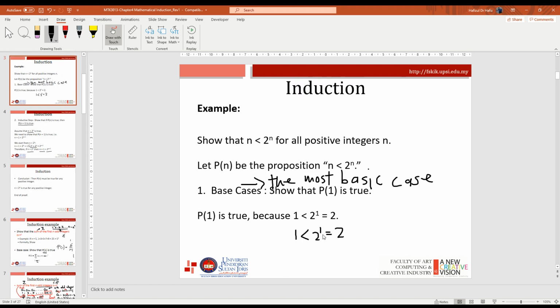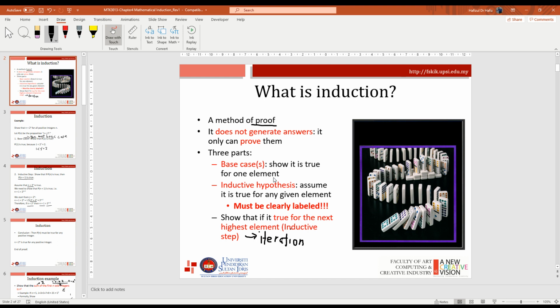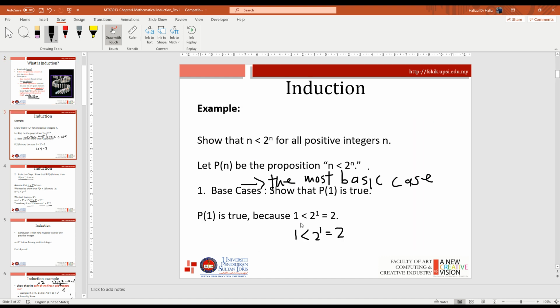Look back at the top. Base case: show if it is true for one element. Then inductive hypothesis: assume that it's true for any given element. Must clearly label, must show step by step. Then show if it's true for the next element, the inductive step. This one is for the iteration.